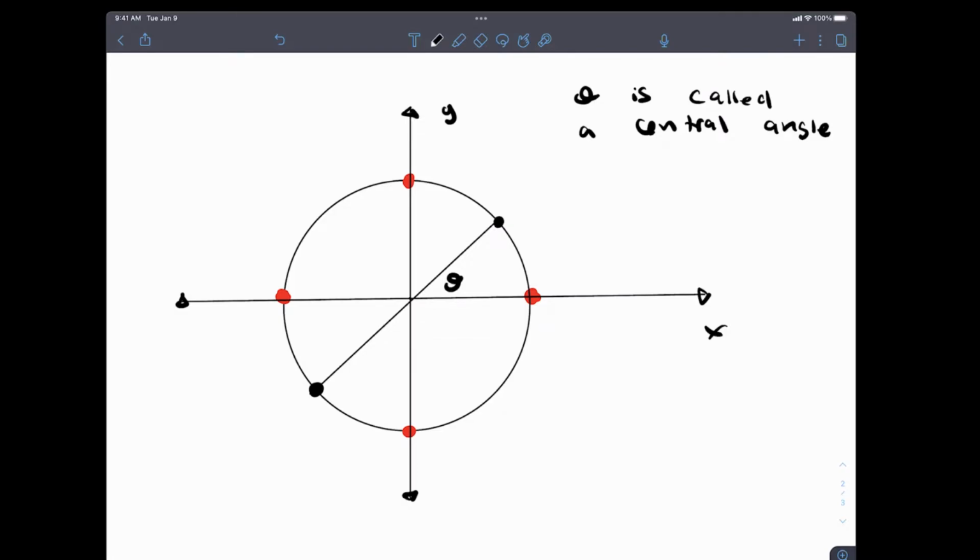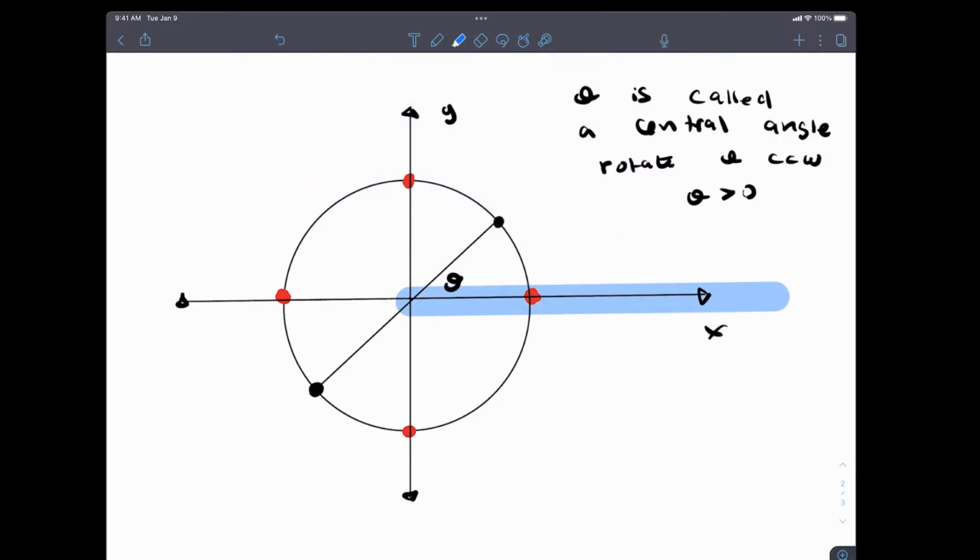Now you might say, why do you think they call it a central angle? Well, it's the angle in the center of a circle. And you could rotate theta counterclockwise, which means theta is strictly positive, okay? What do you mean you're rotating?